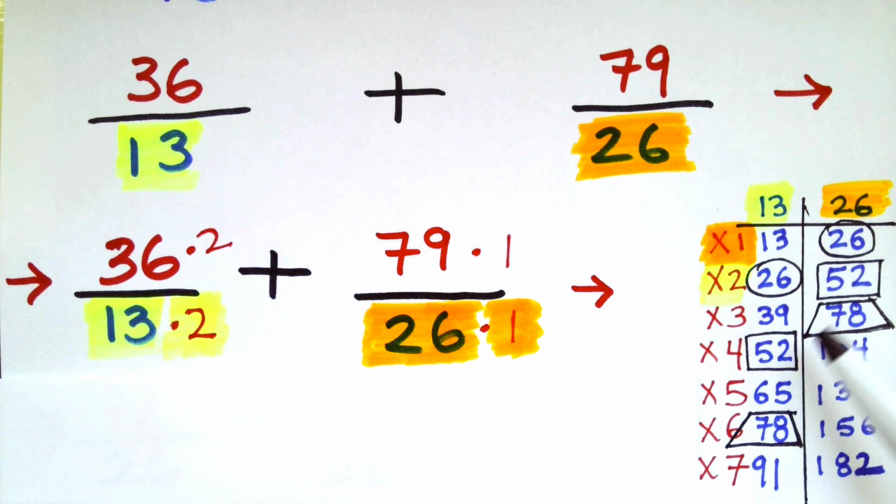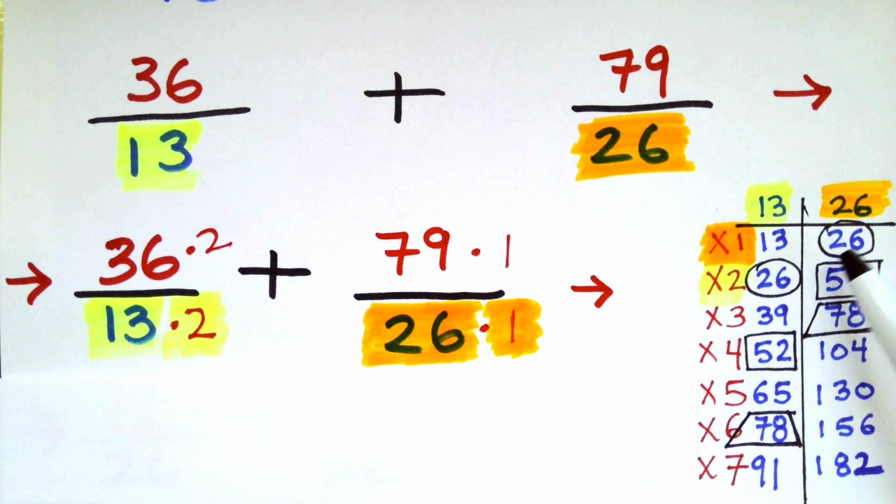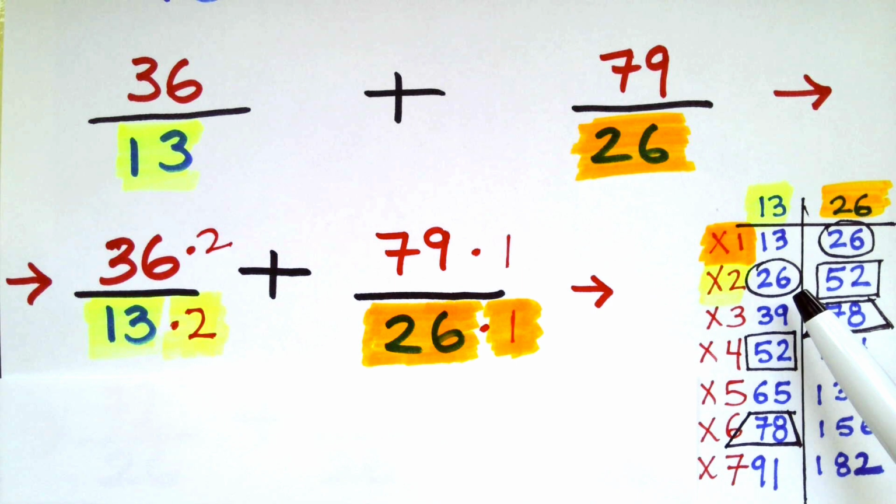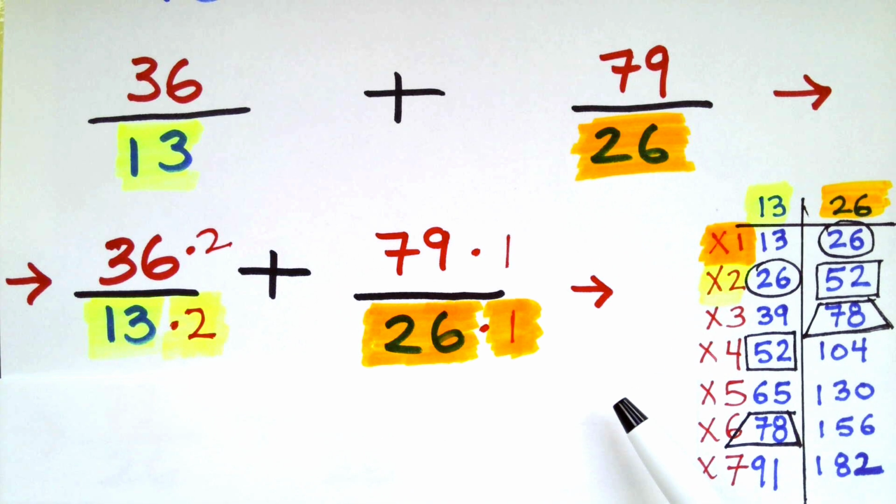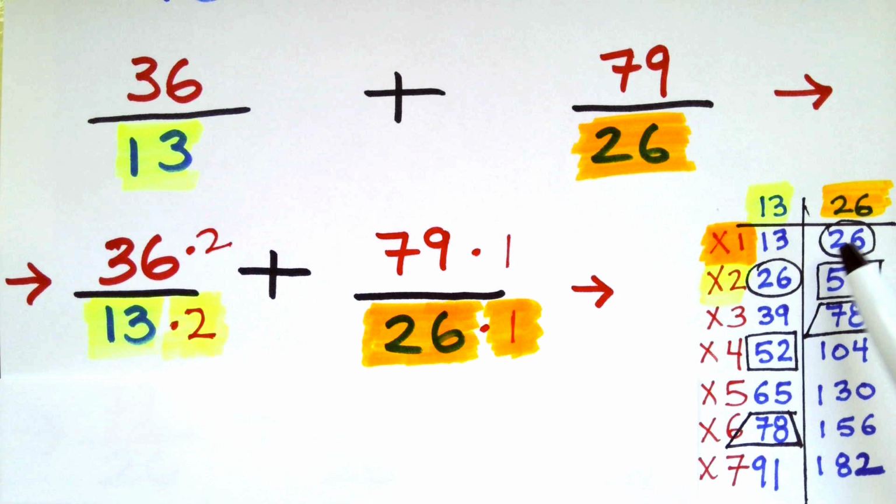If I choose 52, I'll have to reduce my final answer. Most likely, and there's always an exception to the rule, if I choose the smallest product that both 13 and 26 share, which is 26, I most likely will not have to reduce my final answer when I am done. So I'm going to choose 26.